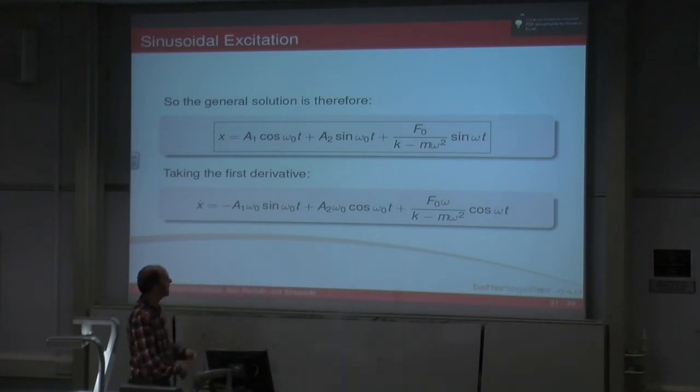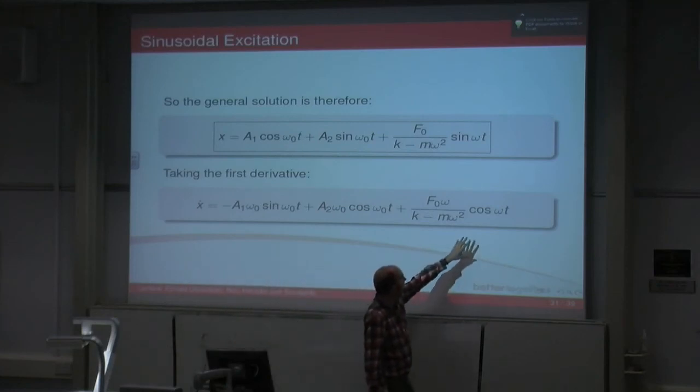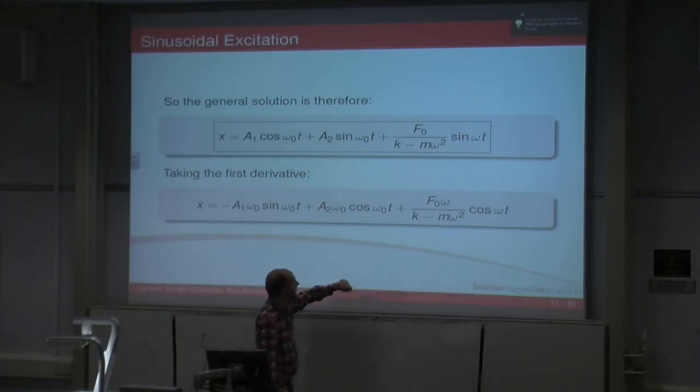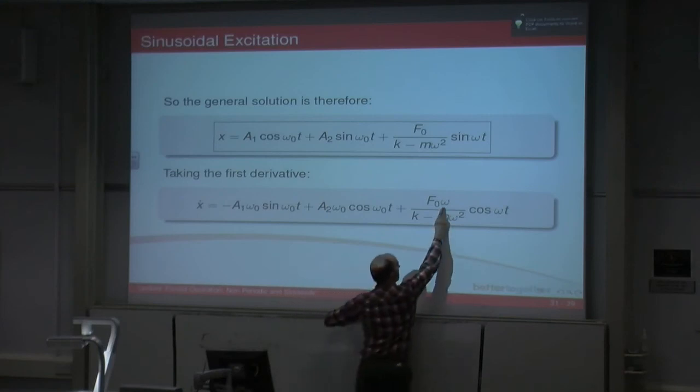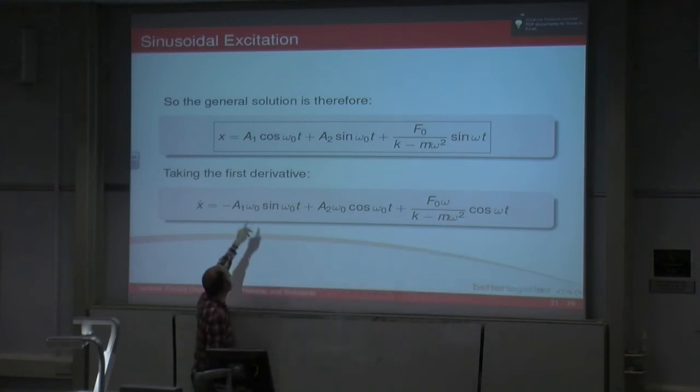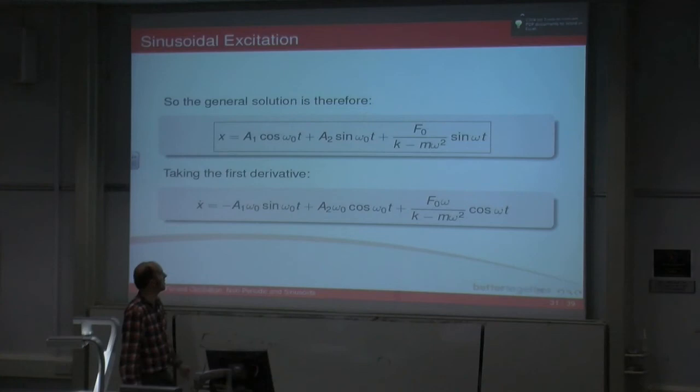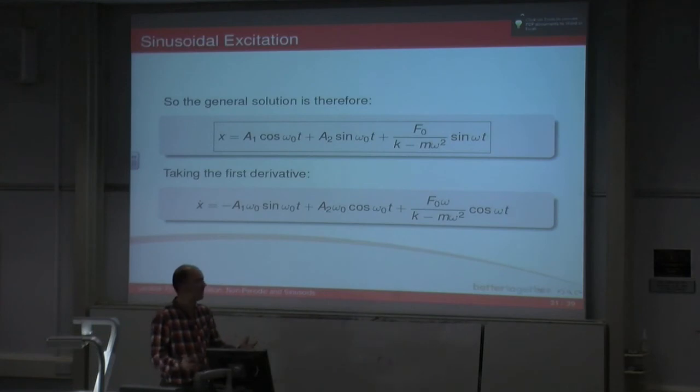You do the same thing, you take the derivative. Obviously sine becomes cosine, and the omega pops out, which is why there's an omega up here. And obviously those two terms we've seen the derivatives of before. When t is 0, cosine of omega times 0 is 1, so we have an A1 term. Sine of omega times 0 is 0, so that drops out. And the same thing happens with that term.